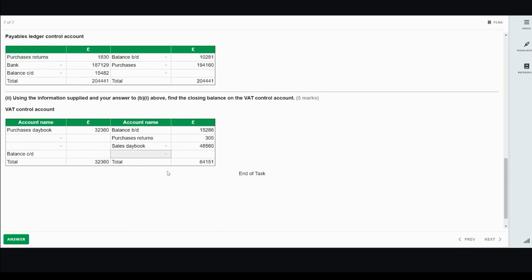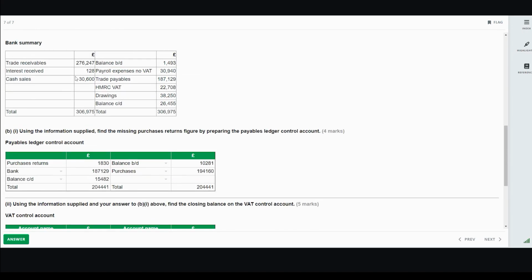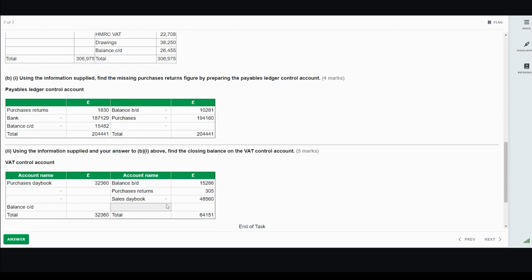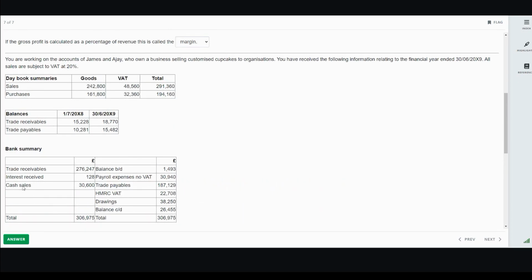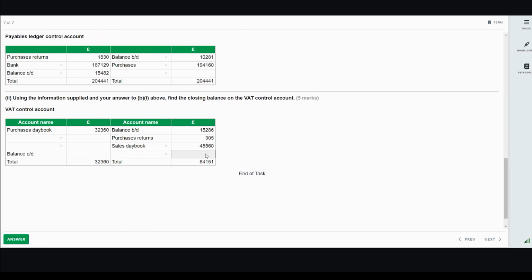We've also got cash sales of 30,600. We should have the VAT on cash sales, remember. So if it's 30,600, we should have 5,100 in VAT.